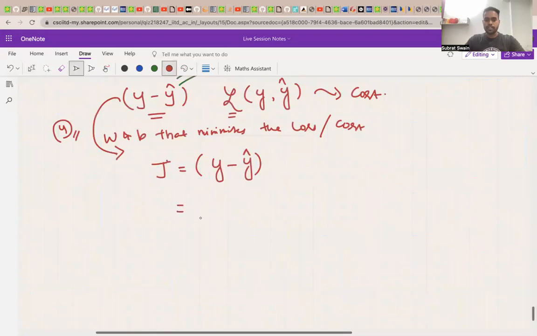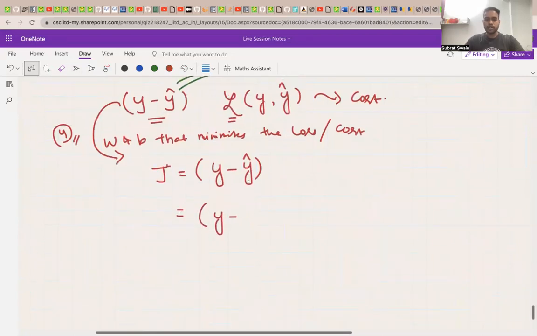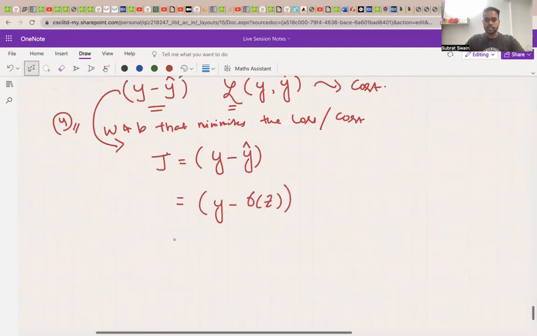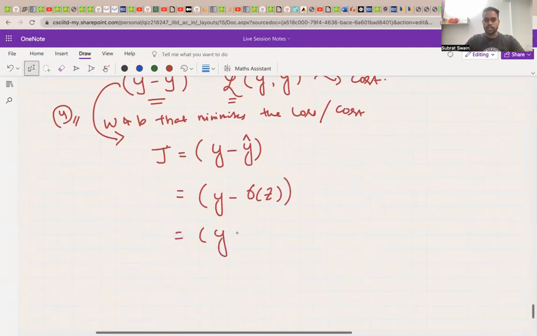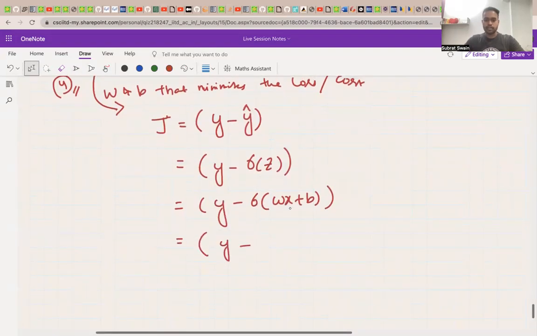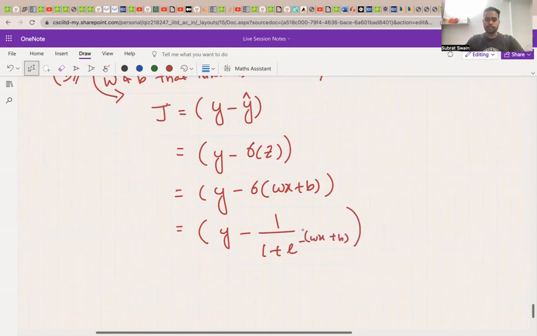This can be rewritten as Y minus Y hat, which is sigma of Z. Then Y minus sigma of Z can be written with Z as Wx plus B: Y minus the sigmoid, which is 1 by 1 plus e to the power minus (Wx plus B).